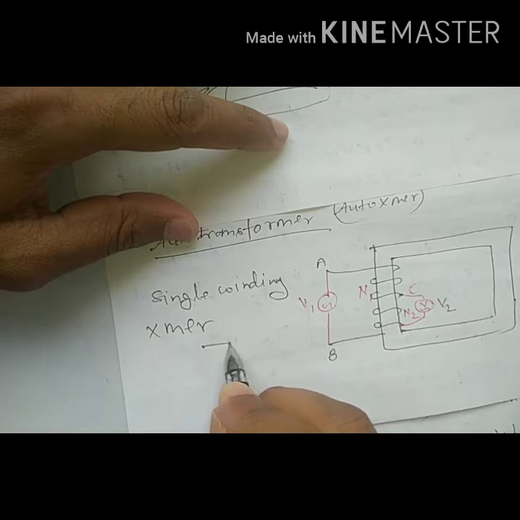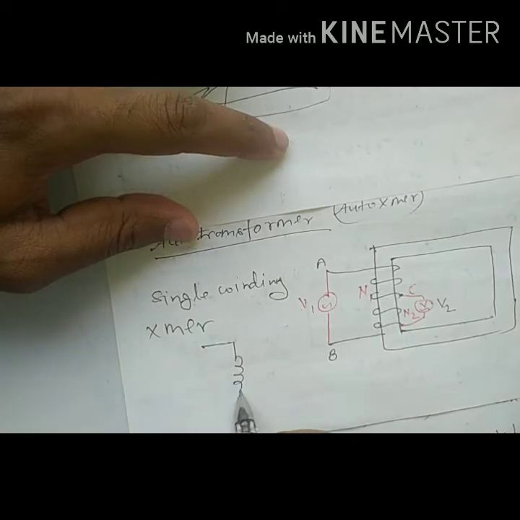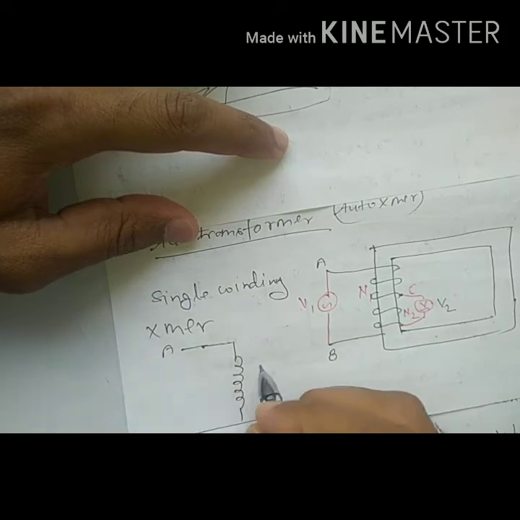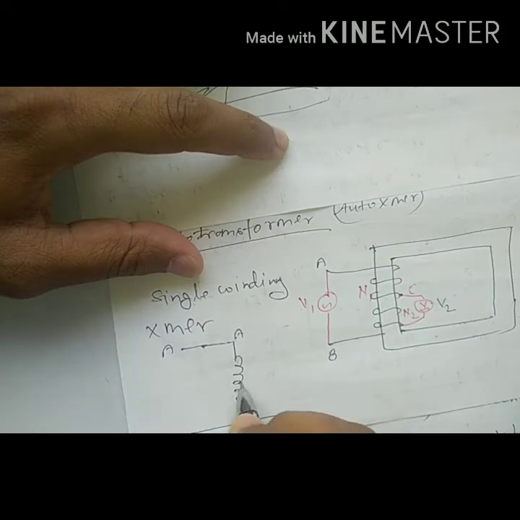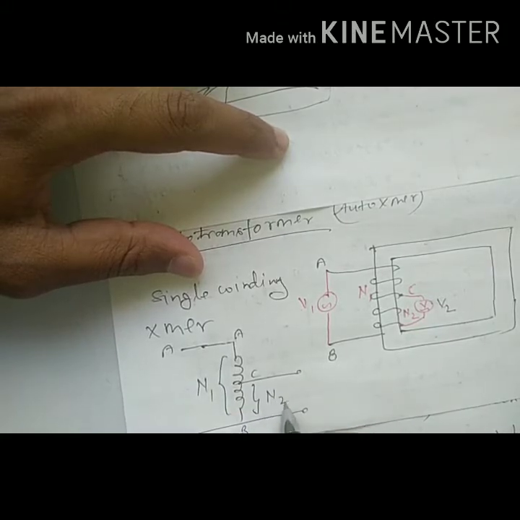In a simple manner I can draw. Say this is A, this is B, and this is C. Here the number of turns is N1 and here the number of turns is N2.